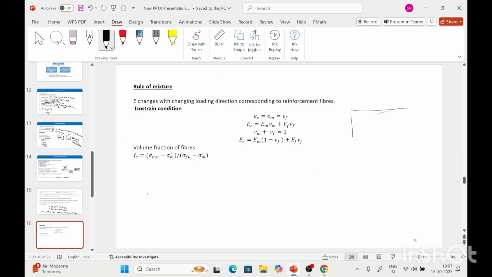Means if we consider this is the composite and fibers are aligned in this direction and we are pulling from this side, in this condition, both fiber and matrix will stretch by the same amount. This condition is called the isostrain condition.